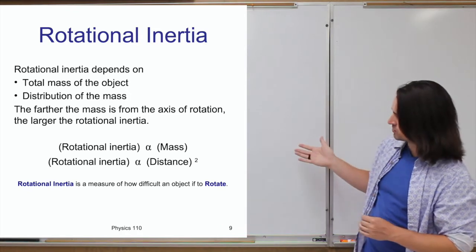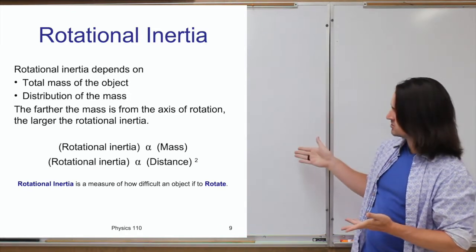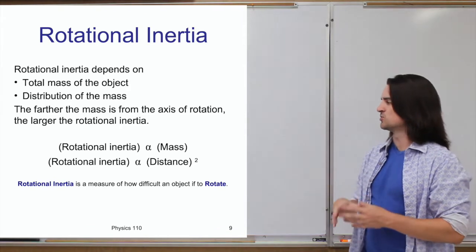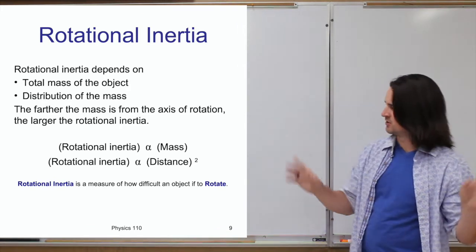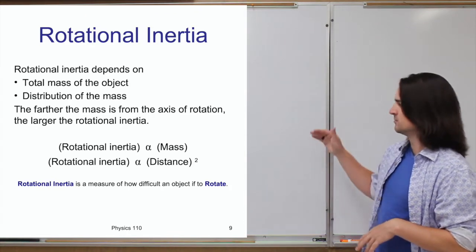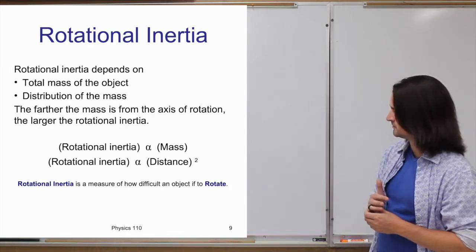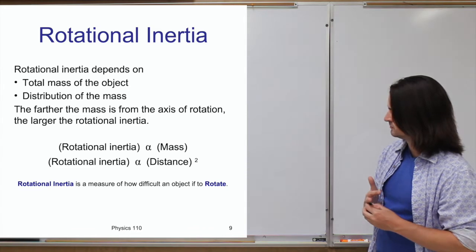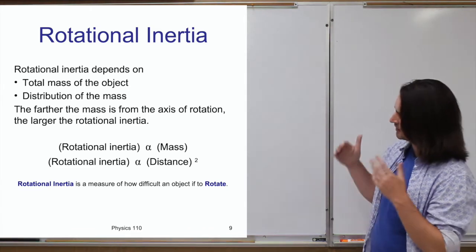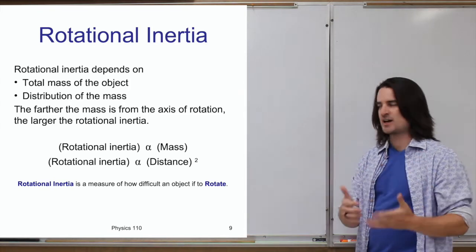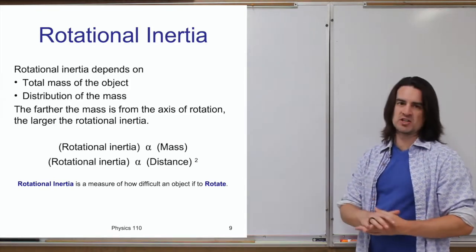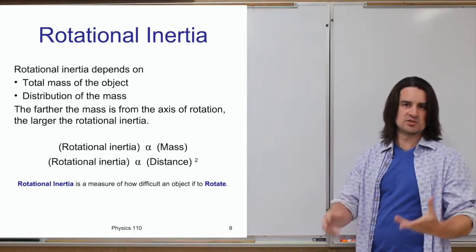Particularly, it's usually directly proportional to mass, and proportional to the square of the distance of how the mass is distributed around the axis. It can be pretty complicated though. But again, just recalling that rotational inertia is just telling you how difficult an object is to rotate about a particular axis.